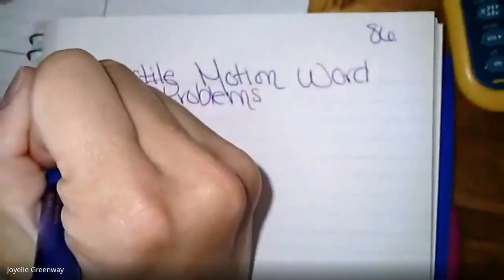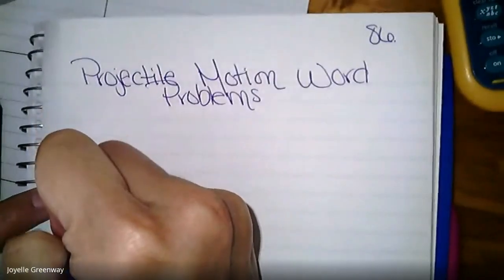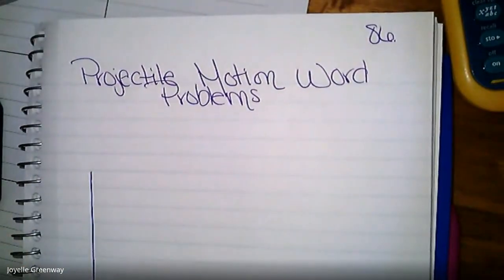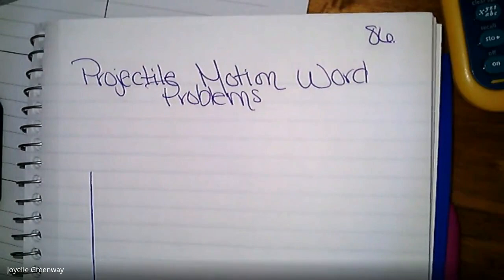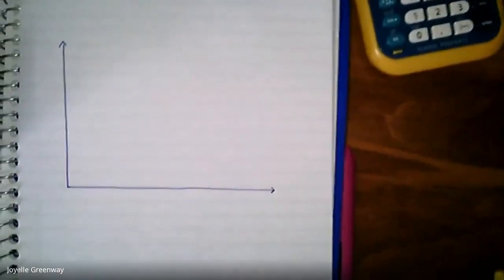So leave a couple of lines, and then what I would like you to draw is the first quadrant of a coordinate plane.